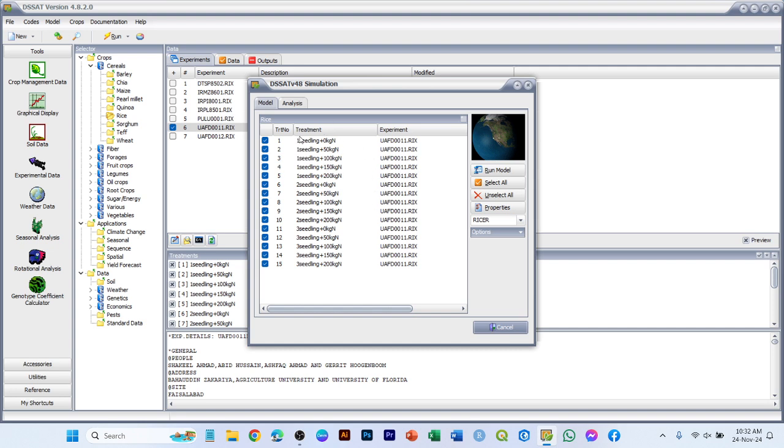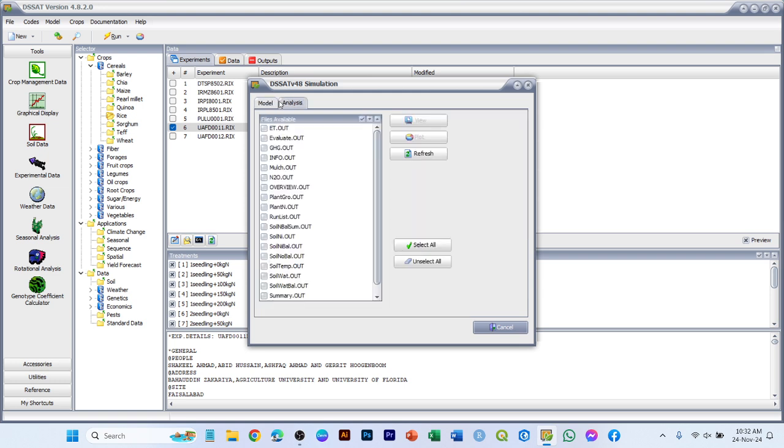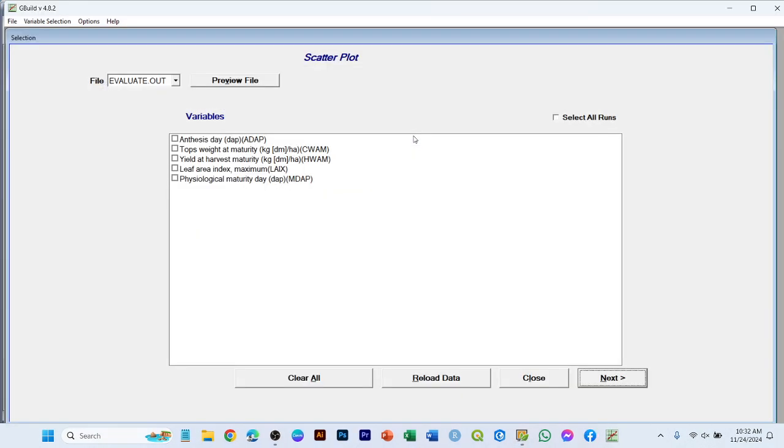So when you go to the analysis, you have to go for plant grow out. If you have to go for evaluation, then there will be, you can say, view, sorry, plot, and site type of analysis will be there.